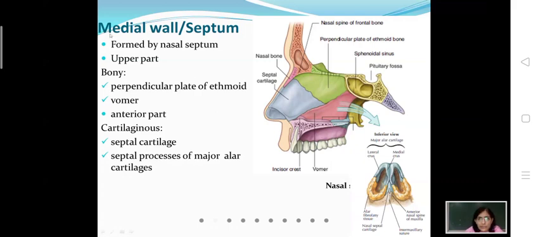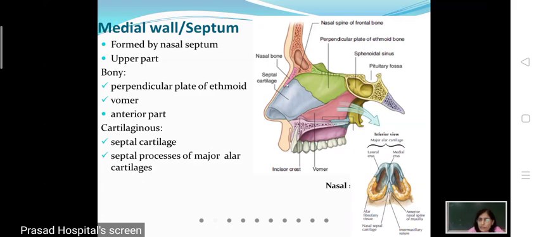Other than these bones and cartilages, some other bones also participate in the formation of the nasal septum. What are those? Nasal spine of frontal bone, nasal crest of nasal bone. What is the nasal crest? The elevation produced because of the articulation between the two nasal bones in the midline.